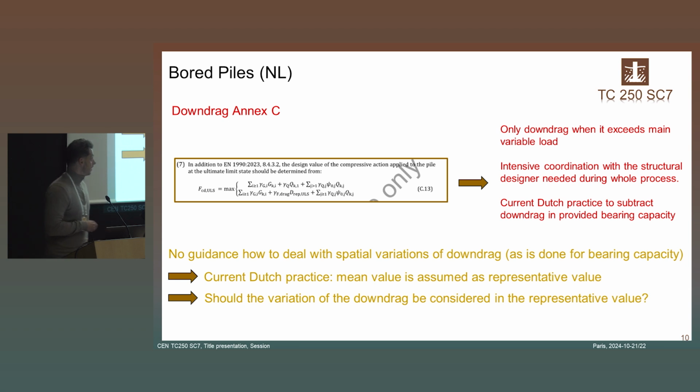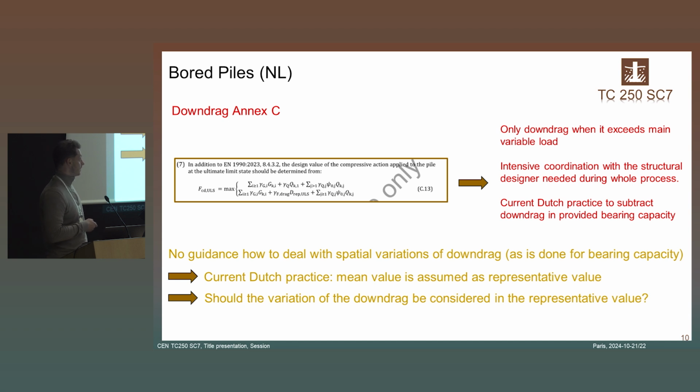The code provides you in the annex with the possibility to only include downdrag in your equation when it exceeds your variable load. So if you have a very high variable load, you don't have to take downdrag into your calculation. This could require very intensive coordination, because you will need your structural engineer as well to know if you would apply it or not.